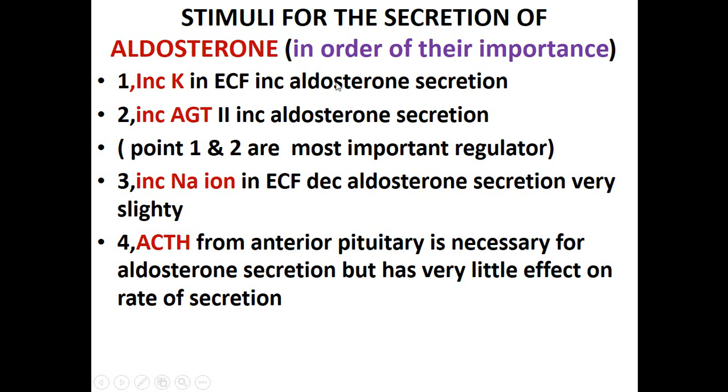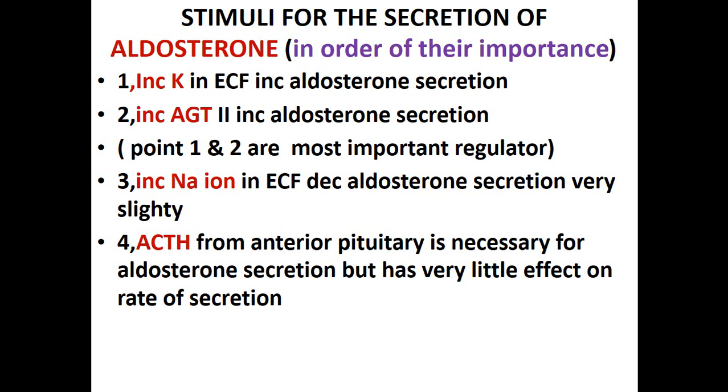Actually, this aldosterone is going to stimulate your sodium potassium pump. Angiotensin 2 also stimulates your sodium potassium pump. At the same time, it causes the production of more and more aldosterone. So angiotensin 2 has, you can say, a dual effect on your sodium potassium pump.